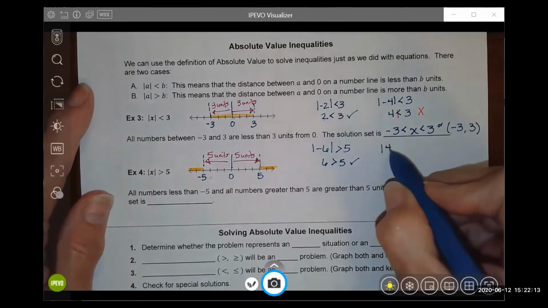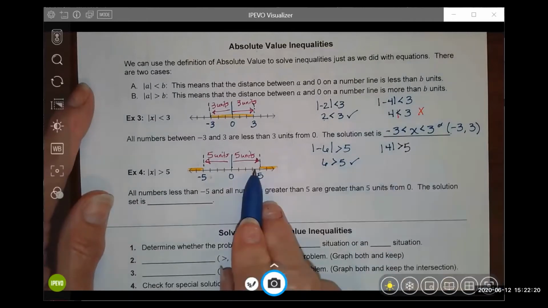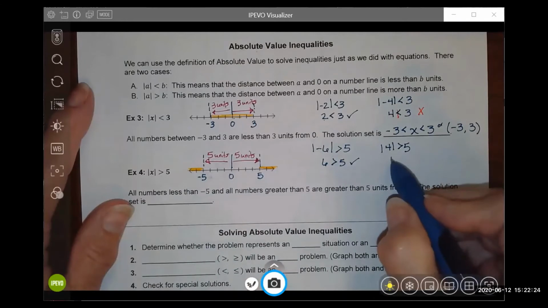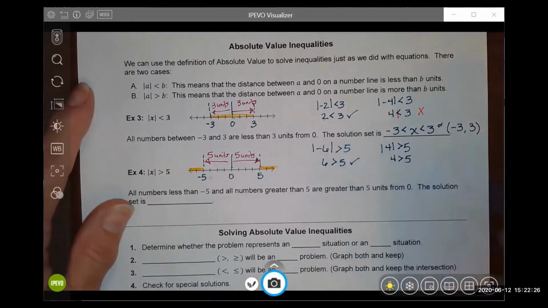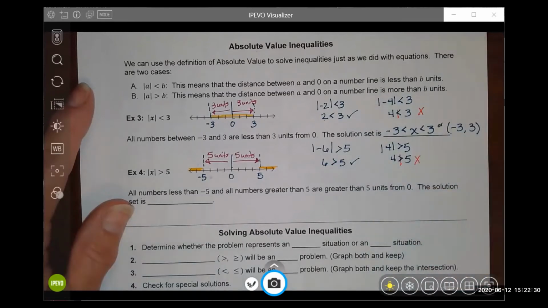What about 4? Is the absolute value of 4 greater than 5? Well, 4 is 4 units from 0, and therefore it is not greater than 5. So in this case, I would think that 4 should not be part of the solution set, and it's not the way we've drawn it here.